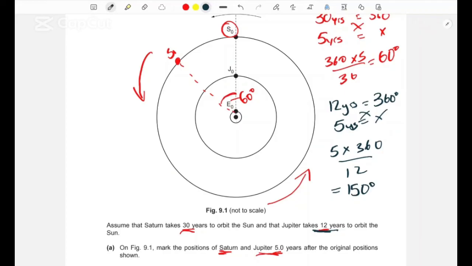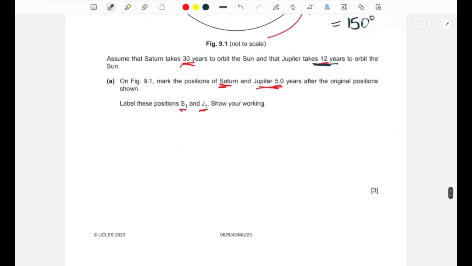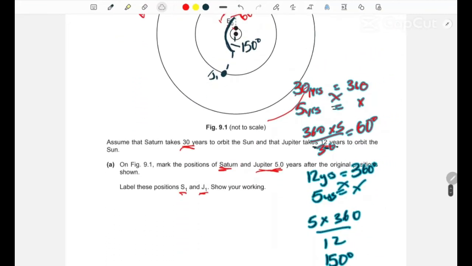So it would be somewhere around here. This angle should be 150 degrees, and Jupiter is going to be somewhere here. We can label this as J1. We just have to make sure this is 150 degrees, and for Saturn, it's going to be 60 degrees. For our working, we can just put this part over here.